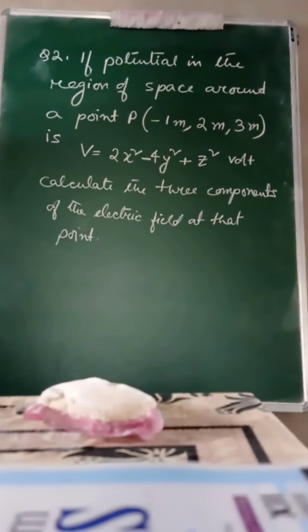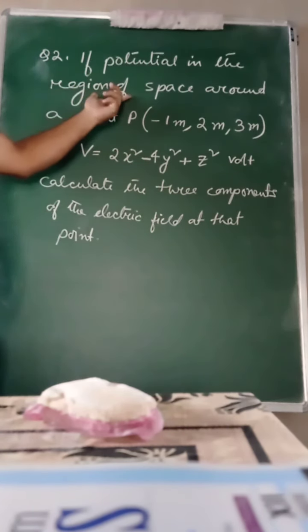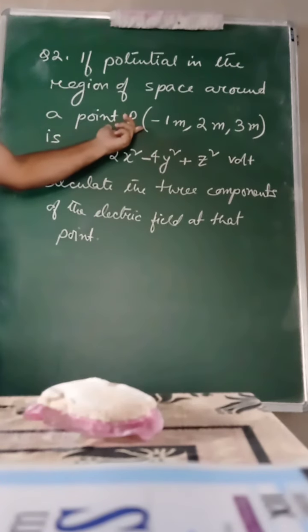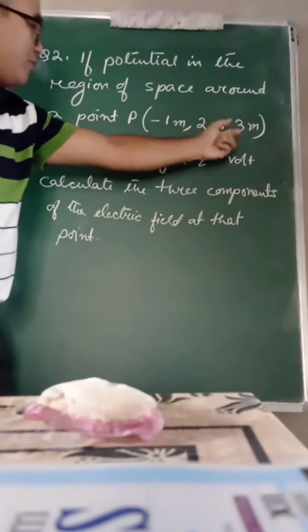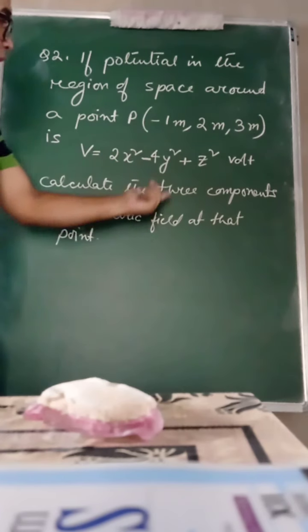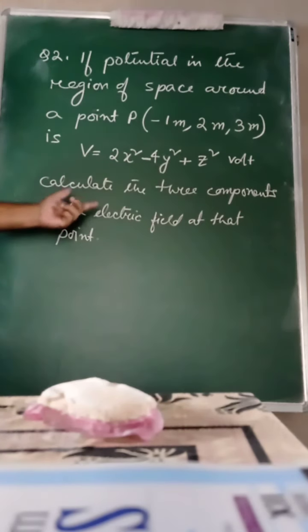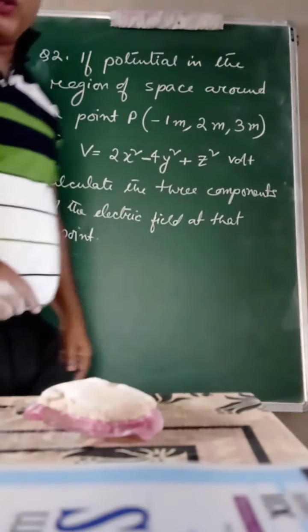So what is the second numerical? If the potential in the region of space around the point P, with coordinates -1 meter, 2 meter, 3 meter, is V = 2x² − 4y² + z², calculate the three components of the electric field around that point.